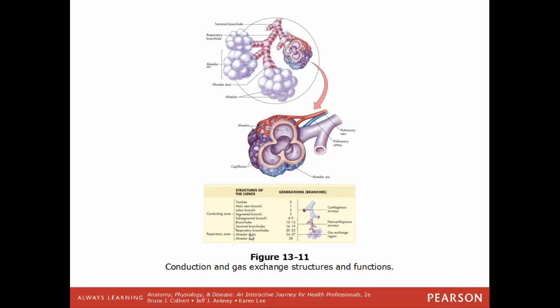So for example, the conducting zone covers from the trachea all the way down to the 19th branch off of that trachea. So from 0 to 19 branches, that's considered the conducting zone. No gases get exchanged there. Gases get exchanged in the respiratory zone, so from the 20th division off of the trachea up to the 28th, which leads to the alveolar sacs.